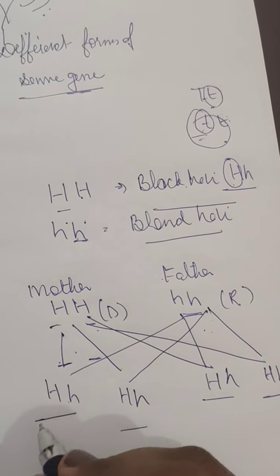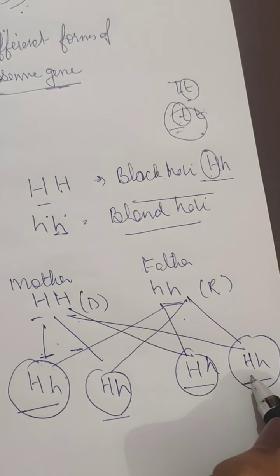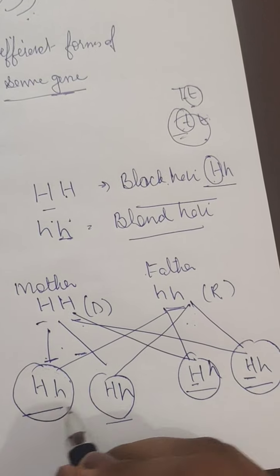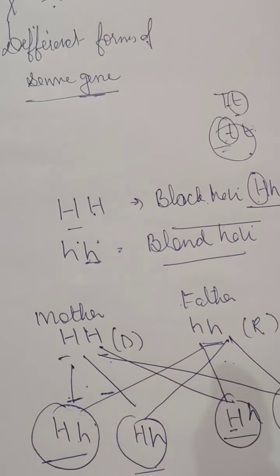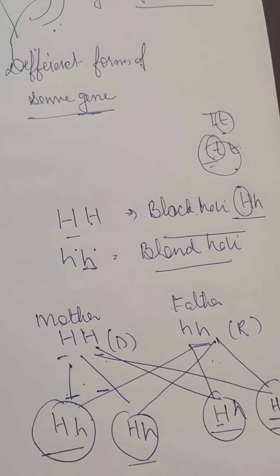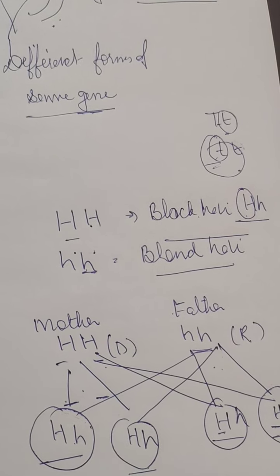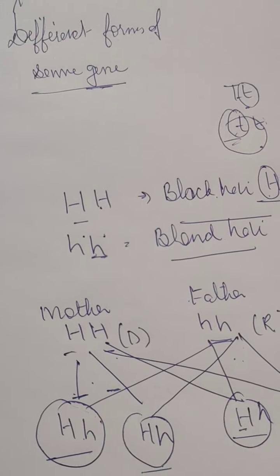So since we see a capital H in every child, and H, that is black color, is the dominant color, the child in every case will have black hair.